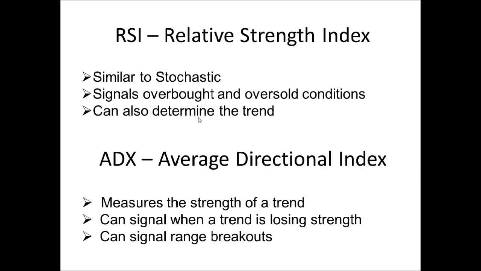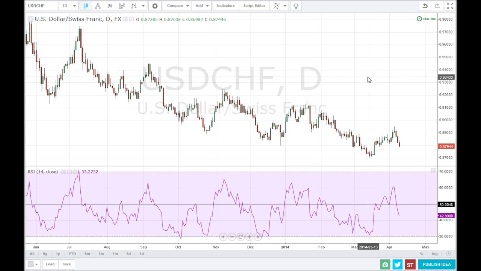when used correctly. This is the same price chart I used in the previous video to teach about the stochastic. It's the US dollar, Swiss franc, and it's a daily chart. We have this clear downtrend on the price chart, and at the bottom of the price chart I have my RSI set at the common default of 14 close.